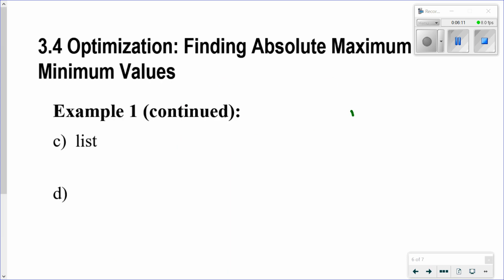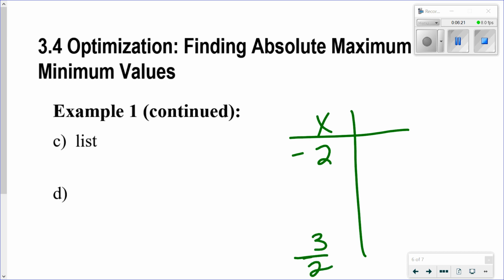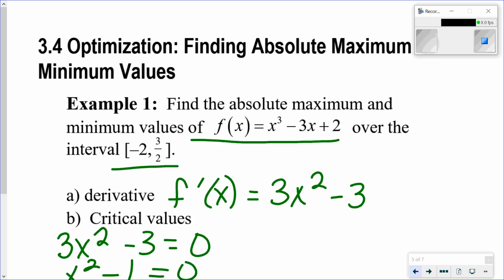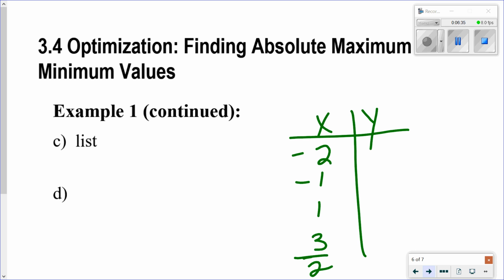Okay, we need to make our list. So we have x. Remember we need the endpoints, so that's -2 and 3/2. And then we have -1 and +1. And what you want to do is go to your calculator. We just need to put each of these values into the calculator.